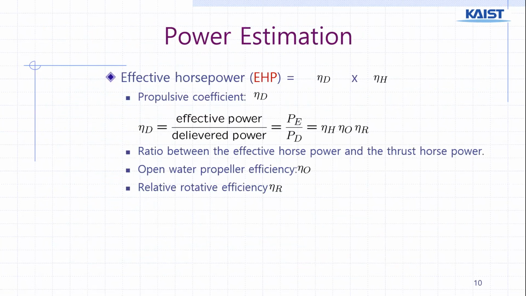Another additional efficiency value that we look at is relative rotative efficiency, which can be multiplied with open water propeller efficiency, and in addition to previous hull efficiency to create the propulsive coefficient.